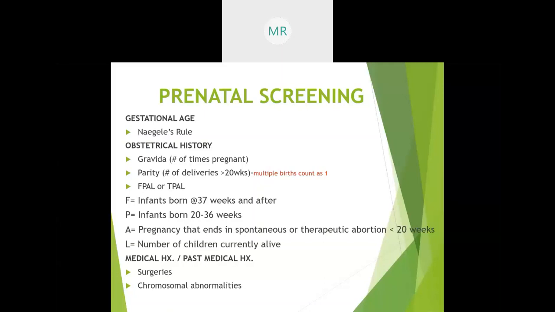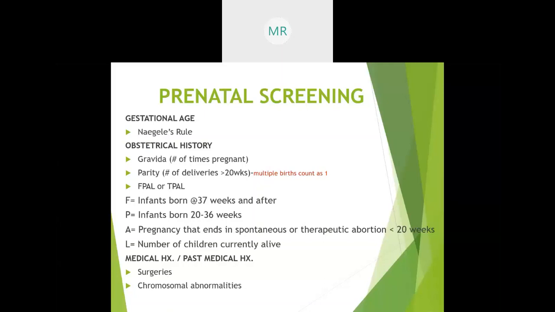That's why GYN history is so important, especially contraception: we want to let her know that with more deliveries and more babies, your uterus is prone to bleed, to have a postpartum hemorrhage. So we are concerned if mom has had, let's say, 10 deliveries.